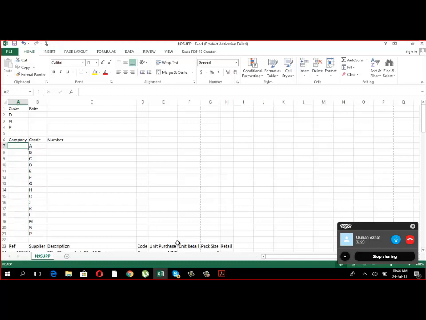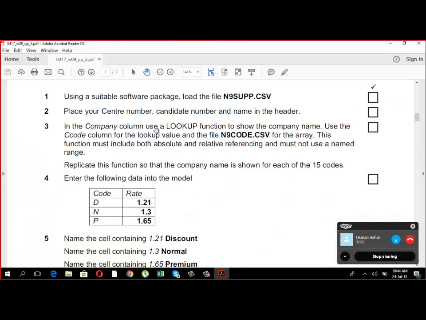Okay. So click over here. Now, use a lookup function. Lookup means you can use VLOOKUP, HLOOKUP, whatever. He's saying just use any lookup function to show the company name. Use the C code column for the lookup value and this file for the array.